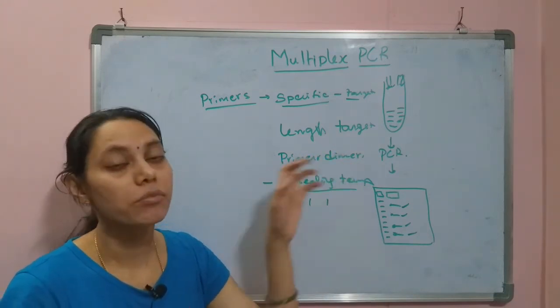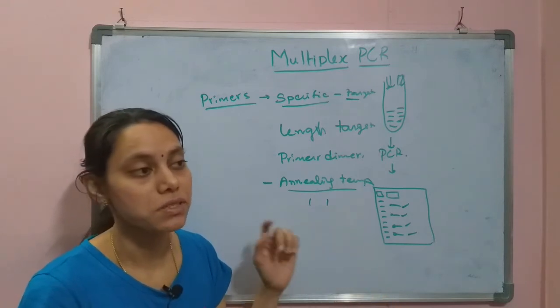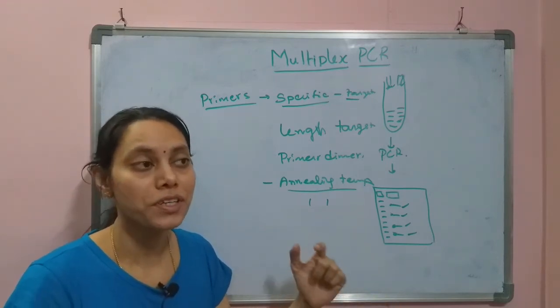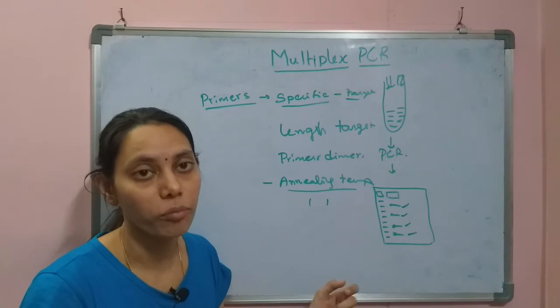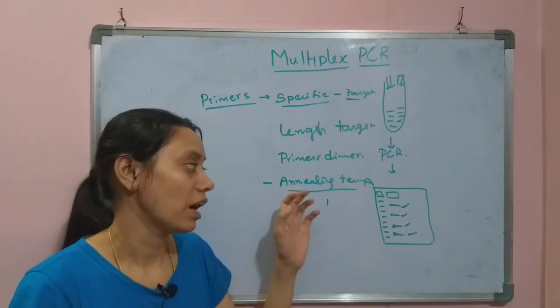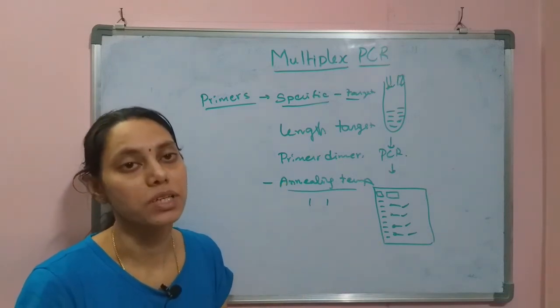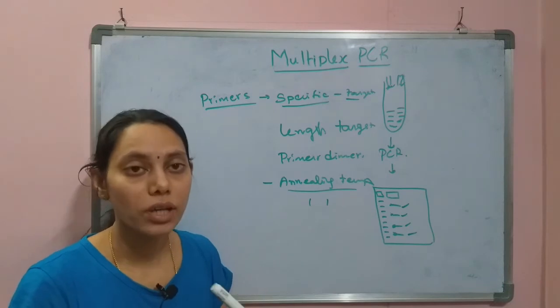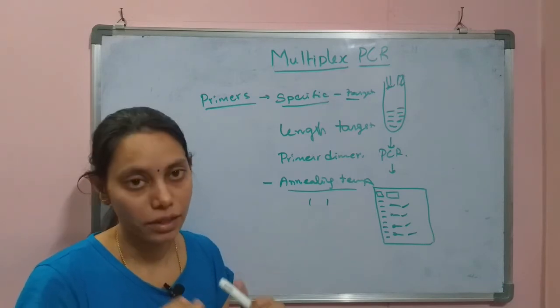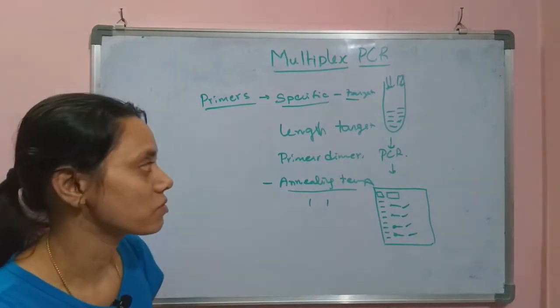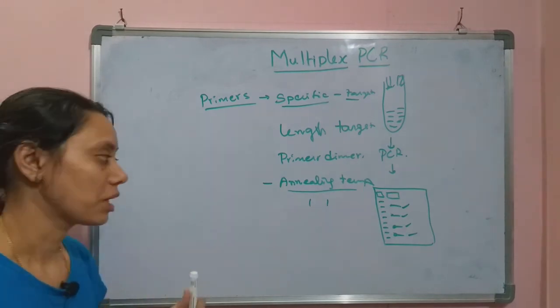The primer dimers should not be formed, that means two different sets of primers shouldn't have complementary sequences, and the annealing temperatures of the primers must be more or less within a range. So these are the facts we need to remember.